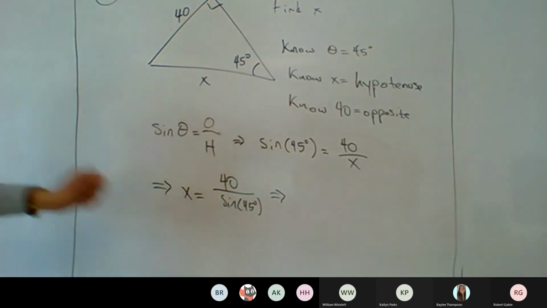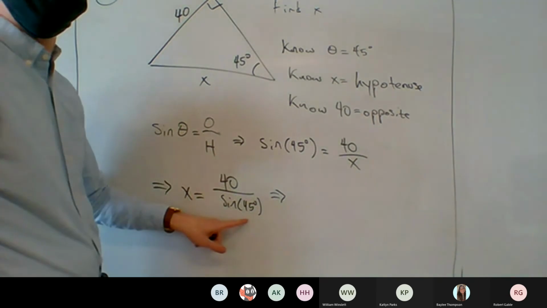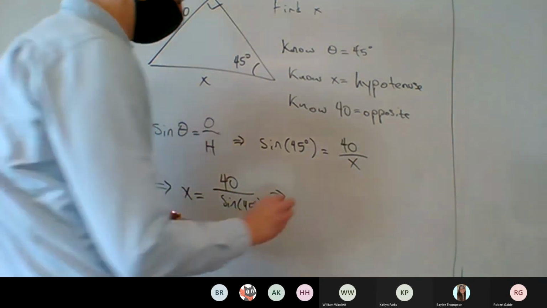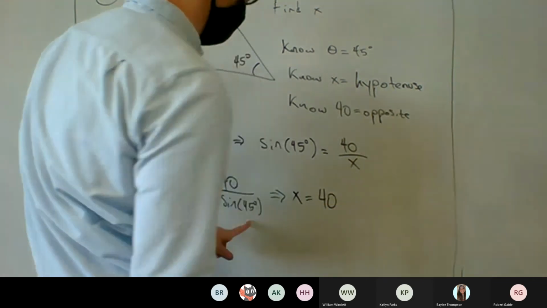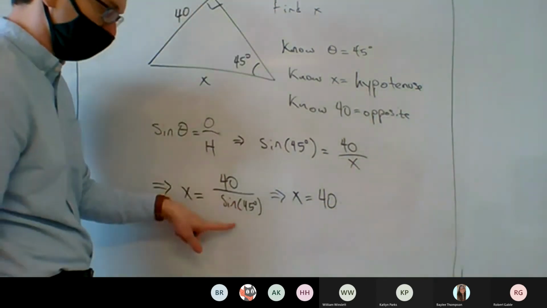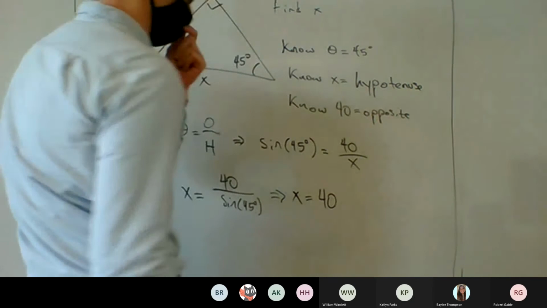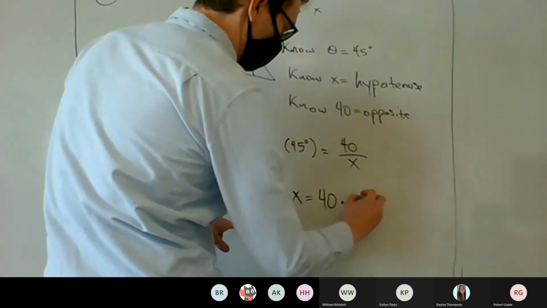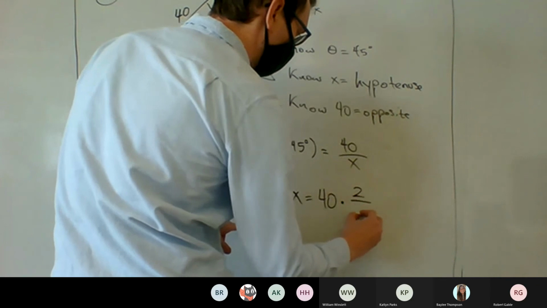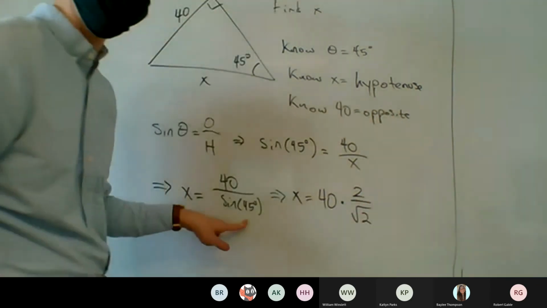We know that sine of 45 degrees is square root of 2 over 2, from our reference triangles. So x is equal to 40 divided by square root of 2 over 2, which is the same as multiplying by 2 over square root of 2.